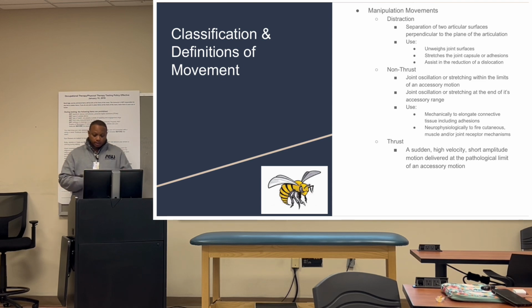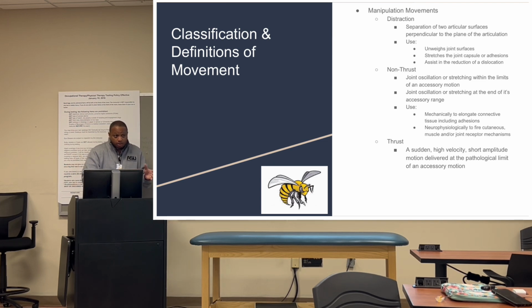Now, thrust is a grade 5 on the maintenance scale. So remember I told you it's a sudden high velocity. I use the word low amplitude, but short amplitude motion is going to be delivered at the pathological limit of an accessory motion. So typically we get the person to their end range.